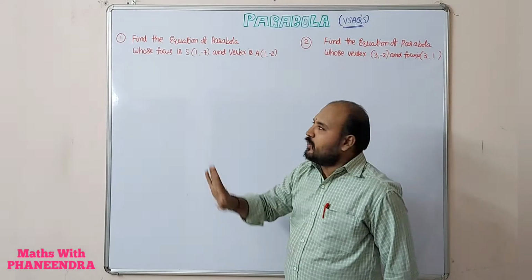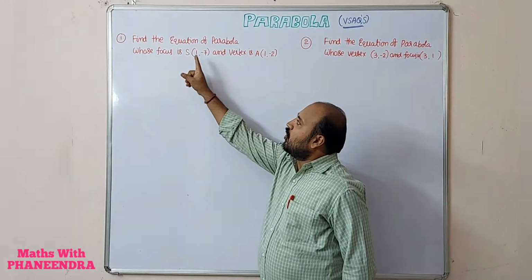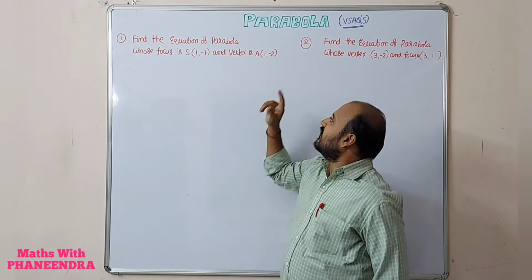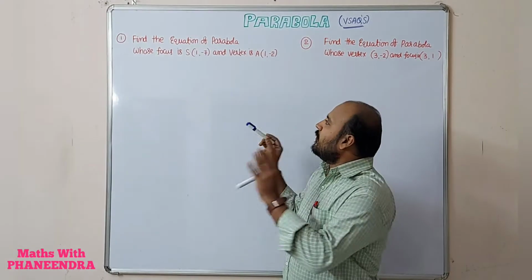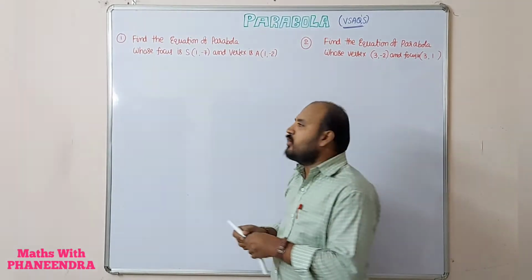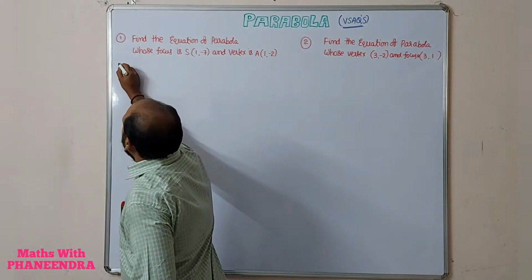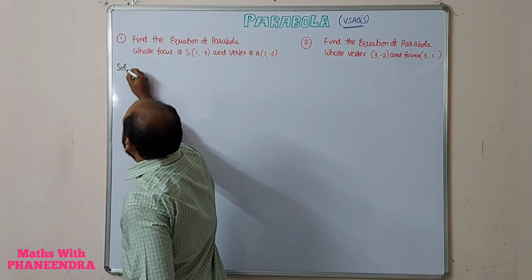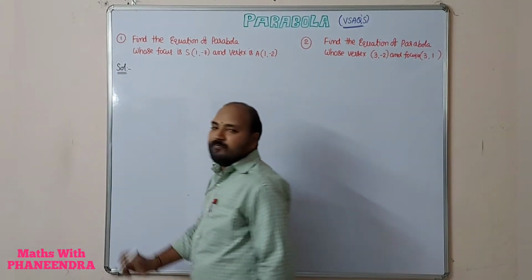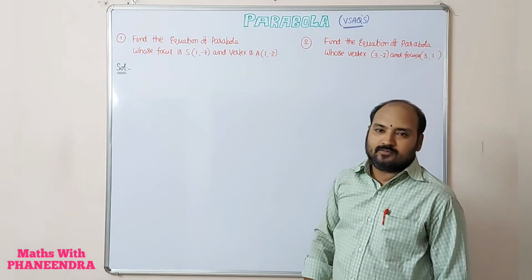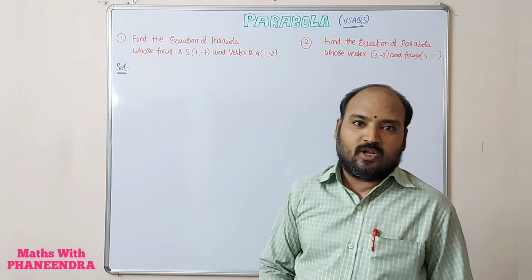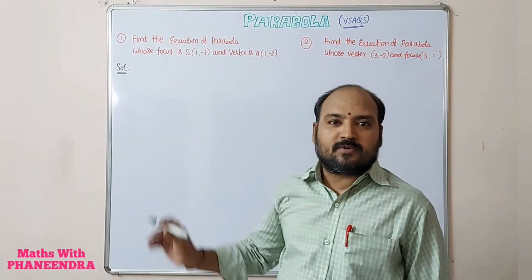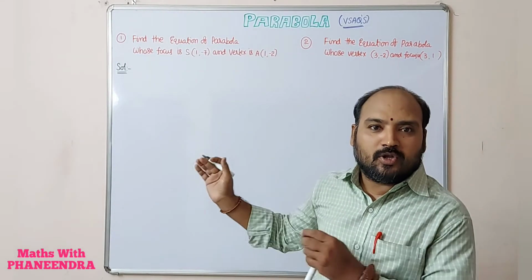Observe carefully, dear students. In this question, focus 1 comma minus 7 and vertex A of 1 comma minus 2. Whatever the information is available here, you can write as steps. Proper steps are also important nowadays. Most of the students are thinking they want direct steps. So according to the scheme of valuation in the public examination, steps are very much required according to the question.